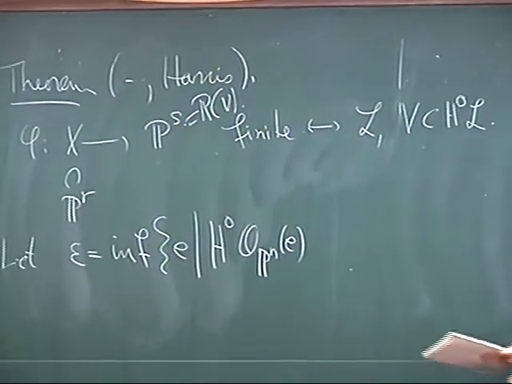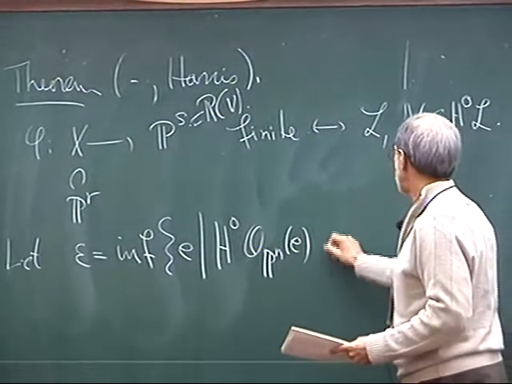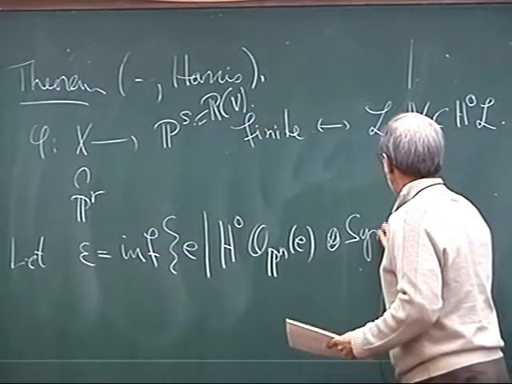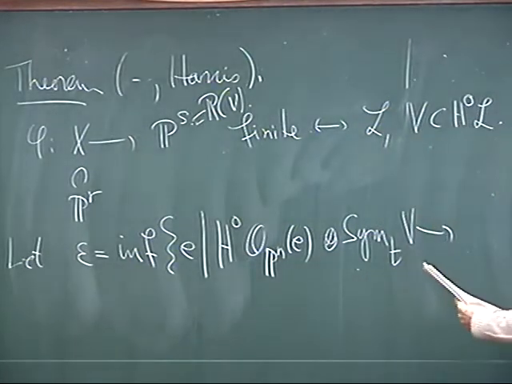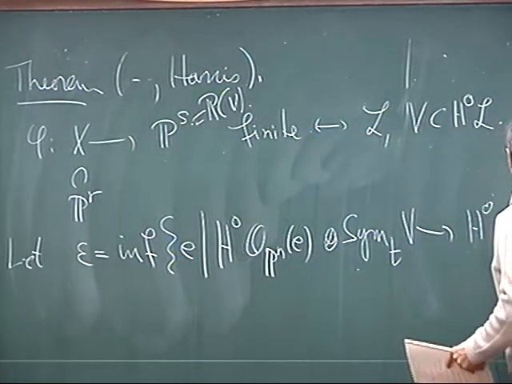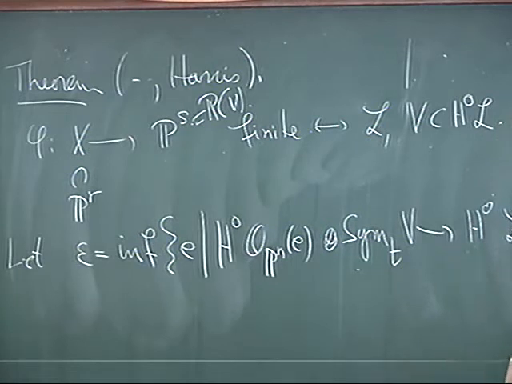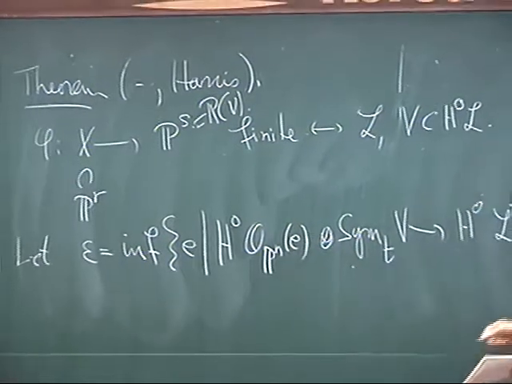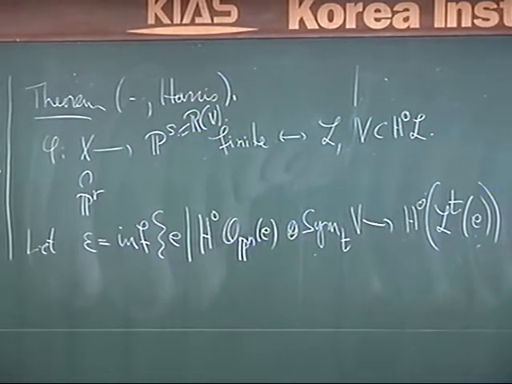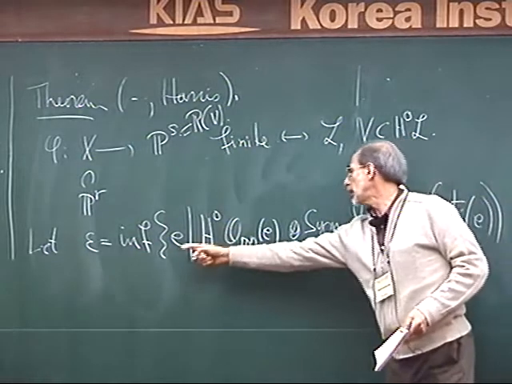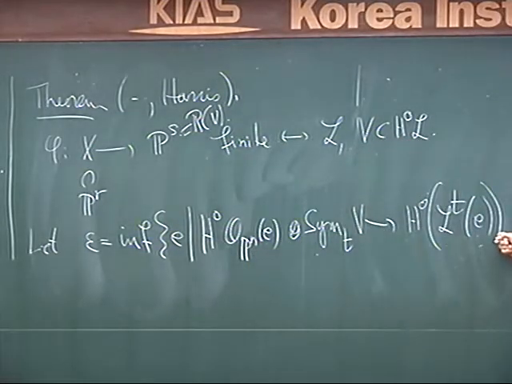And then I want to look at H^0 O_{P^n}(e) tensor Sym^t of V, mapping to H^0 of L to the t-th power. V is sections of L, so Sym^t V is sections of L to the t. O_{P^n}(e) there adds a twist by e. I have a map like that. So I want to look at the infimum of e such that this map is surjective for sufficiently large t.